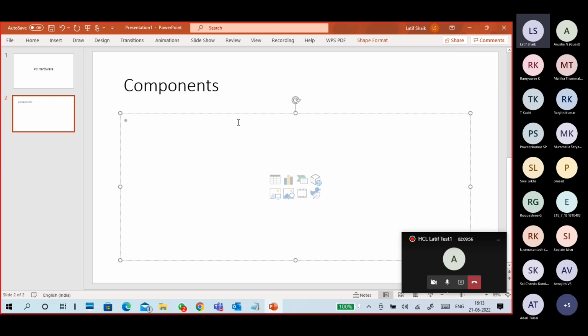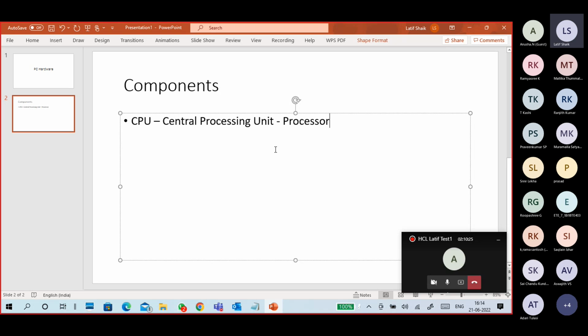So what are the basic components? First important component is the CPU. What is CPU? Anyone? Central processing unit. Very good. Also called a processor.